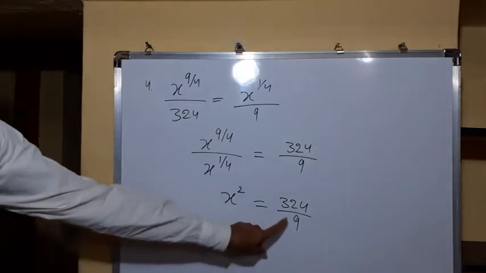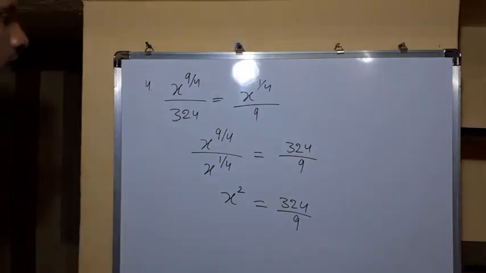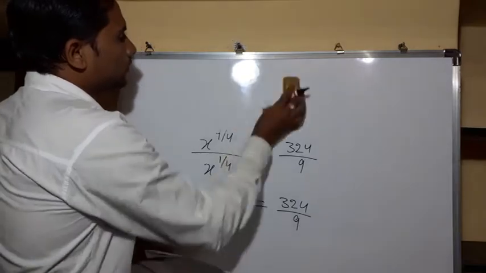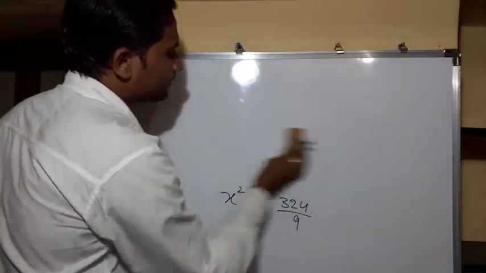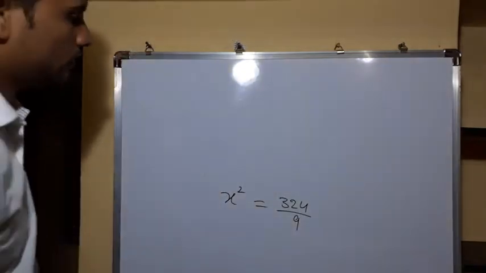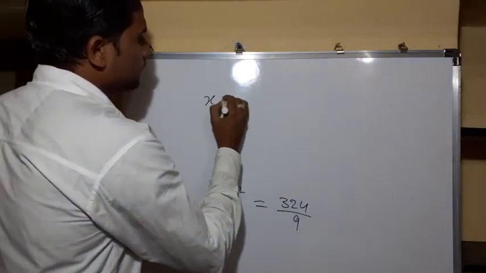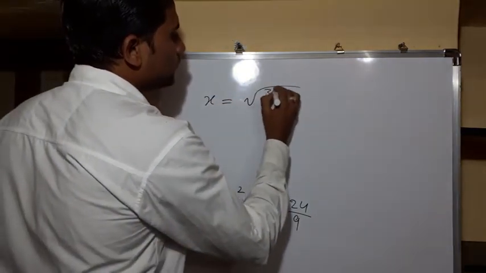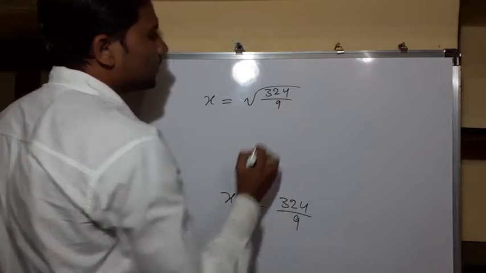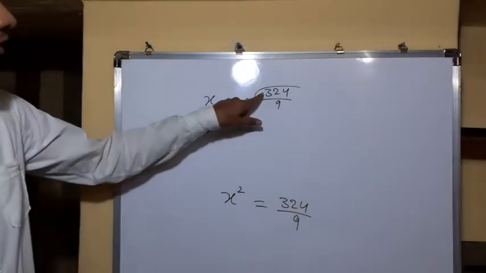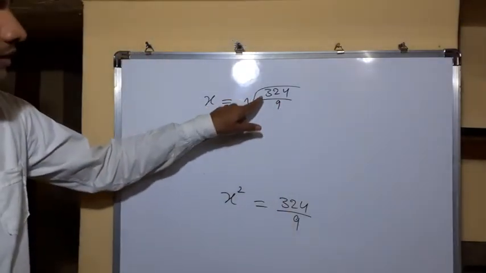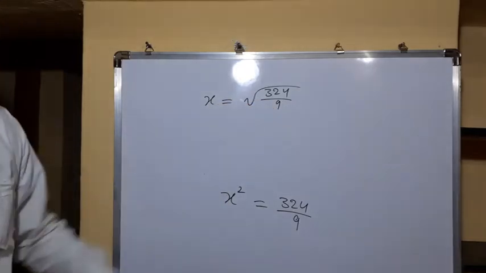We have to get the square roots, right? So what is the square root of 324 and 9? See here, friends, square root of 324 by 9. 324 is the square of 18 and 9 is the square of 3.